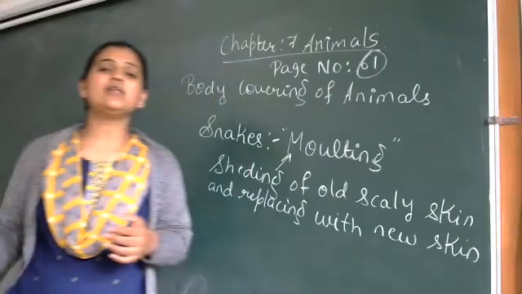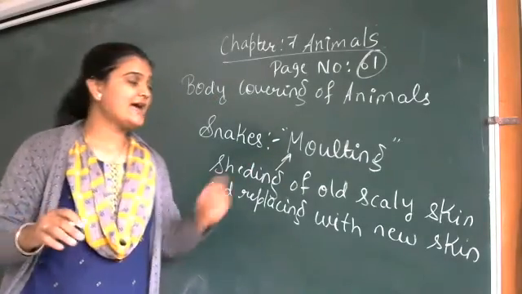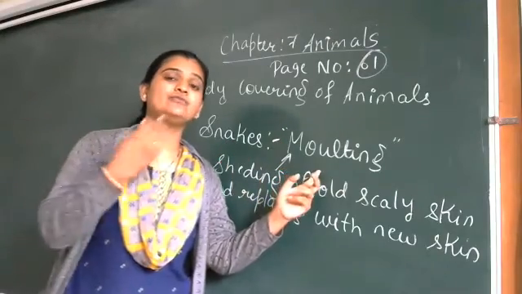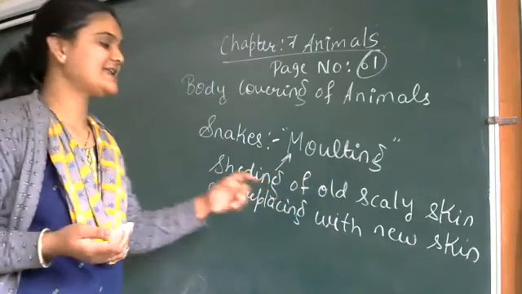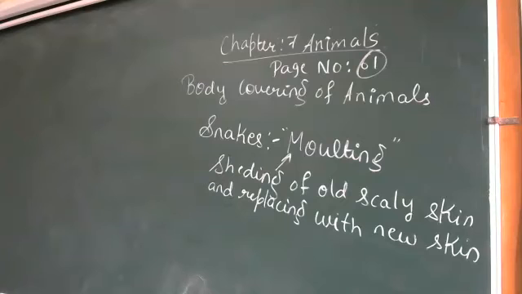So they have colorful scales on their body. The unique ability of snakes is molting, shedding off the old skin and replacing it with new skin. Is it clear? Yes, ma'am.